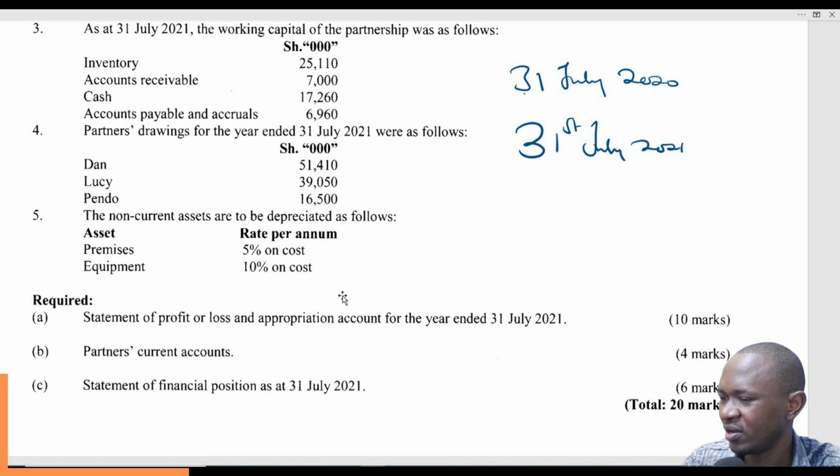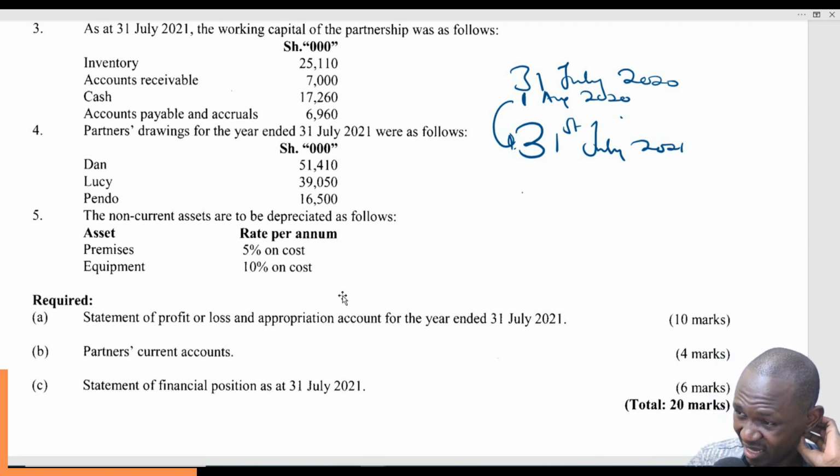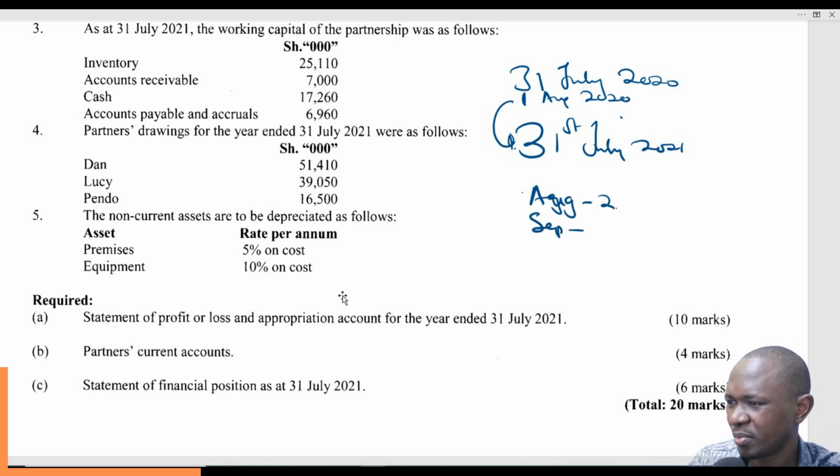So it means the financial year started on 1st August 2020 up to 31st July 2021. So from 1st August 2020, August it operated with 2 partners. September it operated with 2 partners, and then October it operated with 2 partners. So these are 3 months.